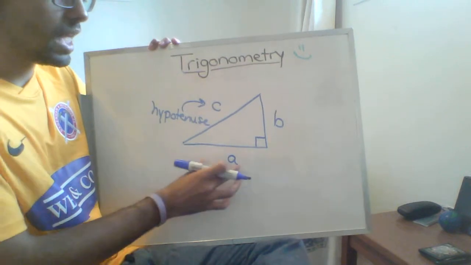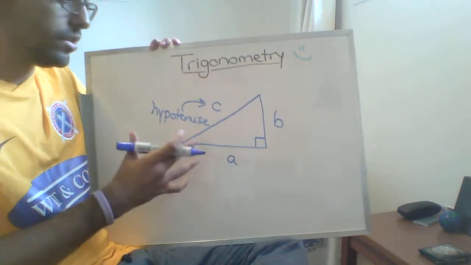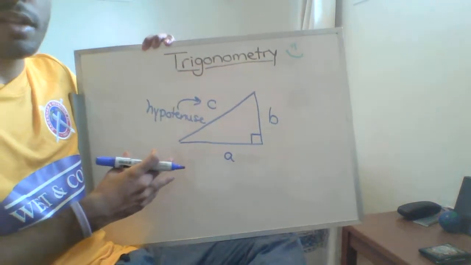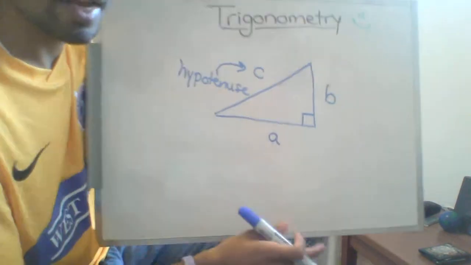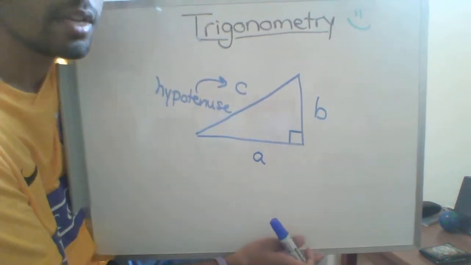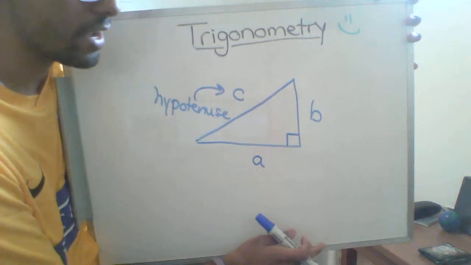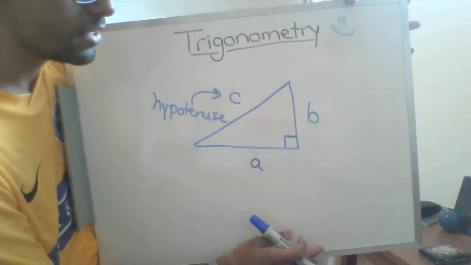But we can't really label A or B as opposite or adjacent because I haven't labeled any angles here. And the thing I want to get at in this video actually has nothing to do with angles. It just has to do with these three sides.